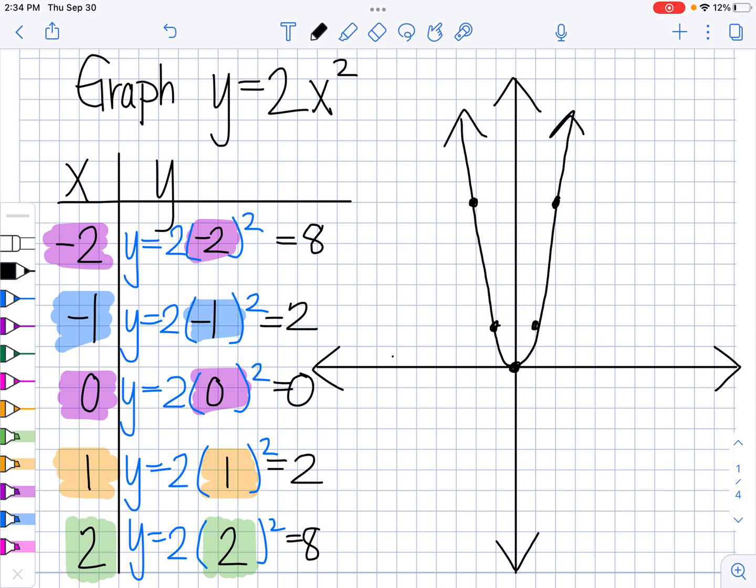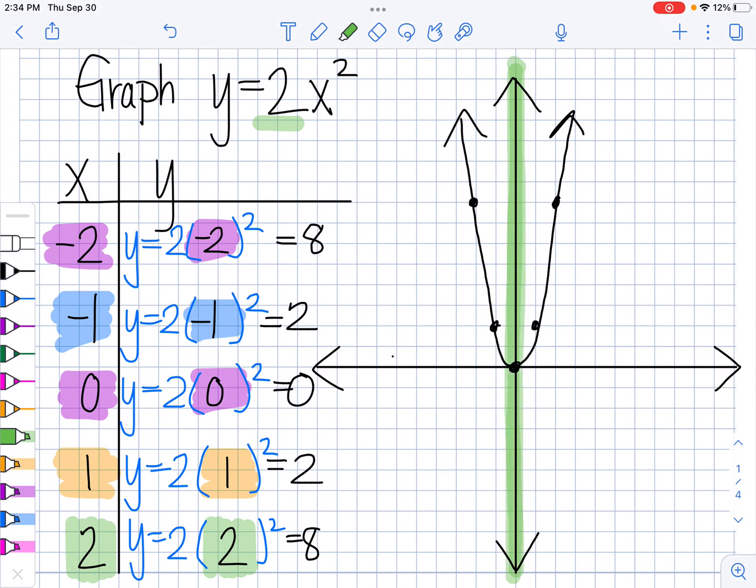Like that. Okay. Now, a couple things that you'll want to remember that we did talk about: the line of symmetry. When we have an equation that looks like y equals some number x squared, the line of symmetry is always going to be through the origin, on the y-axis.